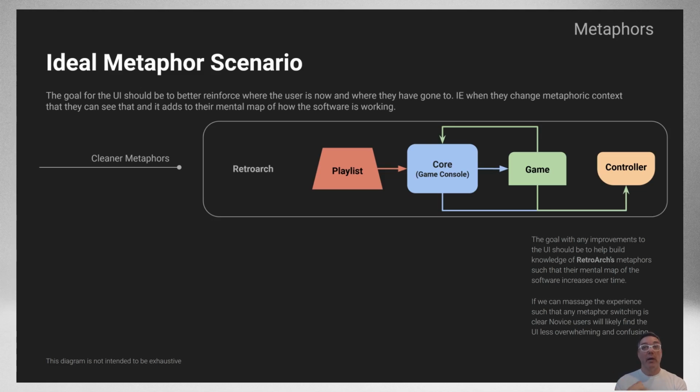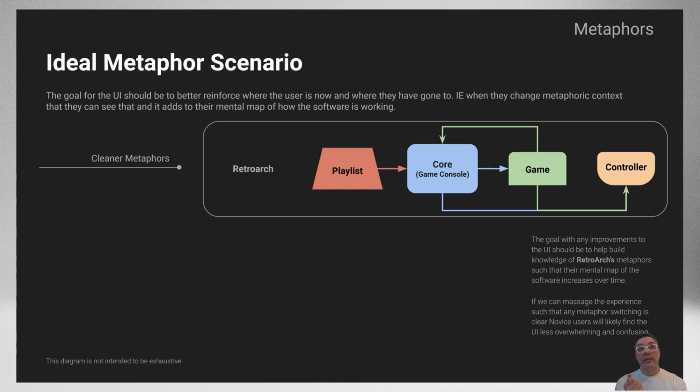But the goal, in my view, is that RetroArch itself should be something that should metaphorically sit in the background, because ultimately it's running everything that's happening here, and many of the settings that can be changed are controlling all of this. And so then we find ways to bring to the foreground much more the central concepts, which are playlists, cores, games, and controllers. And when you move from one to another to change settings, we find a way to reinforce that that's what's happening.